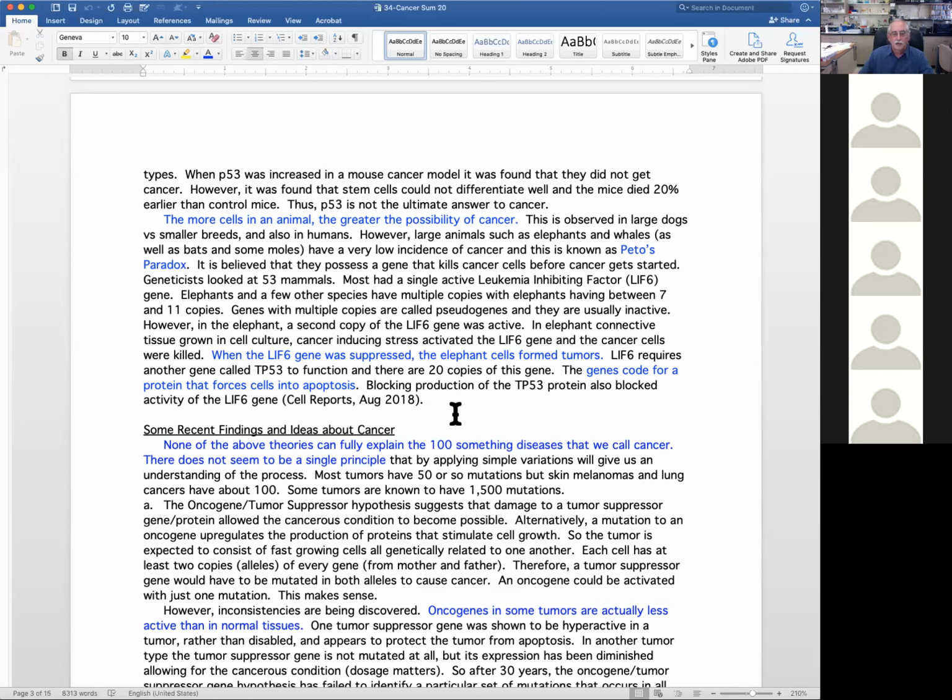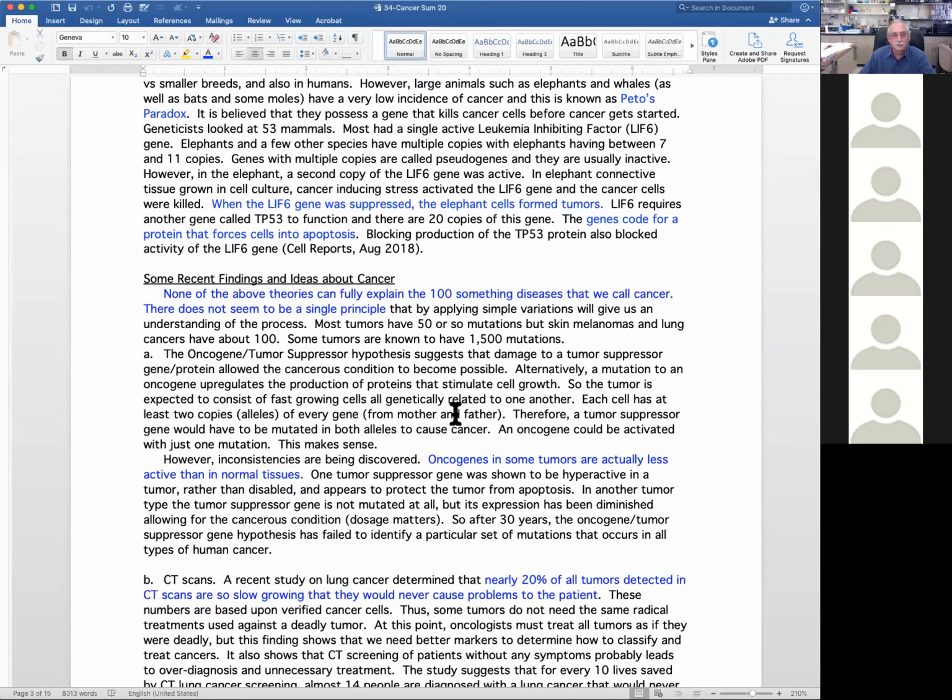So we know a lot. There's been hundreds and hundreds of experiments that are very important to us understanding cancer, but yet we can't really explain all the different kinds of cancers we get. There's not a single principle.